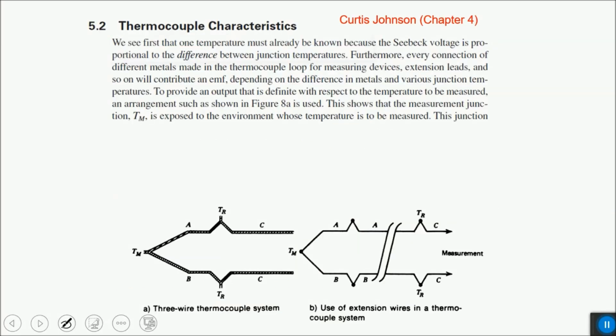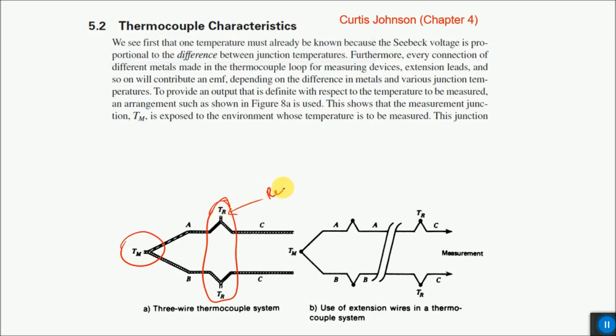For the characteristics of a thermocouple, we just discussed that this is the junction where the temperature has to be measured, and these are the open ends, the other ends of the metal, where there is a second temperature that has to be known. So we are calling it a reference temperature.